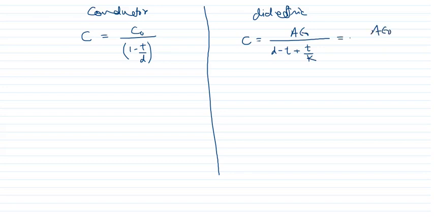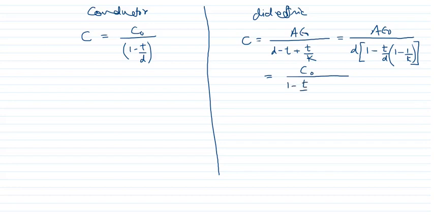It will become A epsilon naught upon D into 1 minus T upon D into 1 minus 1 upon K. It becomes C naught by 1 minus T upon D into 1 minus 1 upon K. So this was the formula.